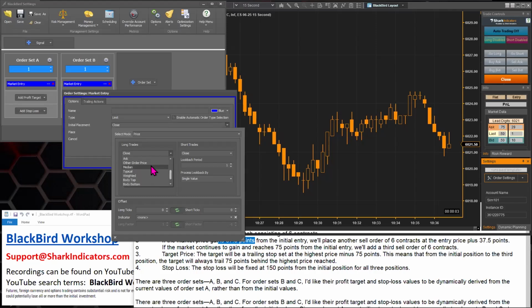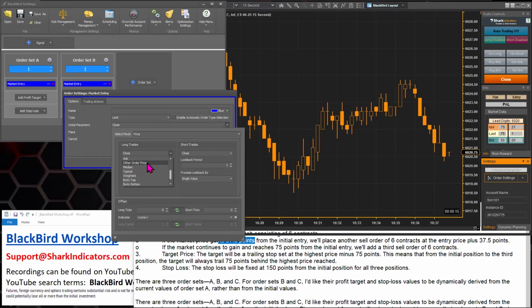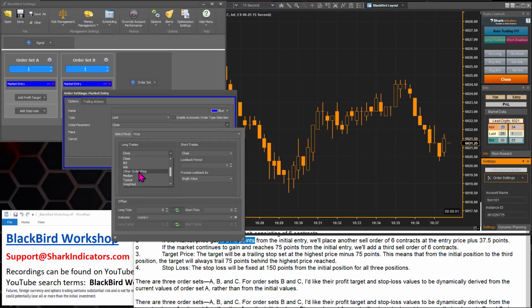I'm hesitant to use the other order prices because it's not fully fleshed out. This isn't guaranteed, but I don't have the average entry price available for entry orders here.